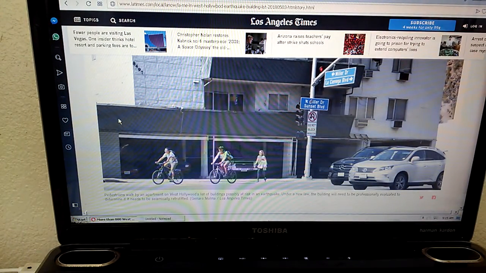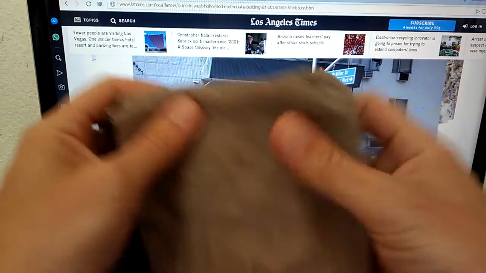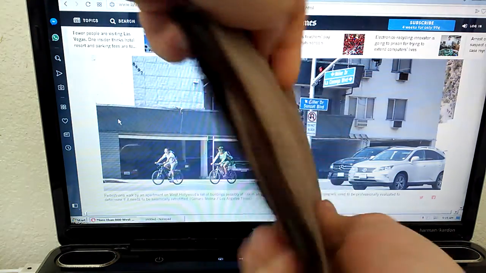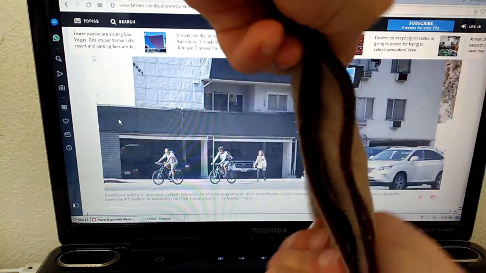Maybe I can do something a little better with the towel. So shear is movement along the wall.